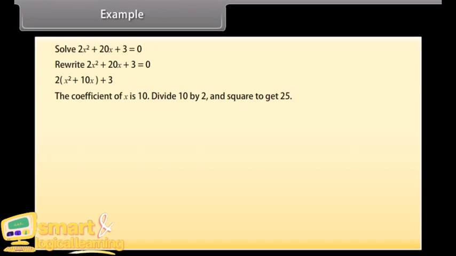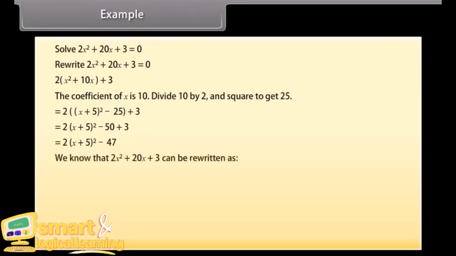Divide 10 by 2 and square to get 25. = 2[(x + 5)² - 25] + 3 = 2(x + 5)² - 50 + 3 = 2(x + 5)² - 47.